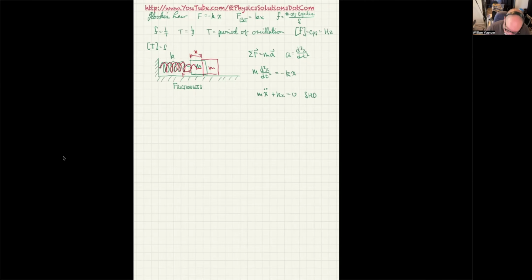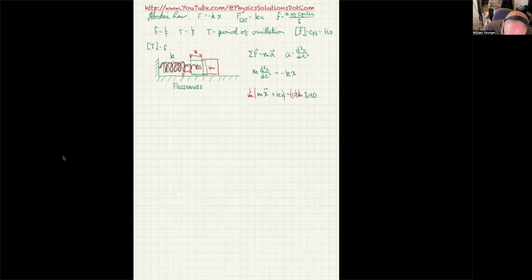We normally don't write it this way though, so what we often do is multiply both sides of the equation by 1 over m, and whatever you do to one side you must do to the other, and as long as you do, it's okay. The only damage, of course, is if you multiply through by 0 or divide by 0. Those are problems.